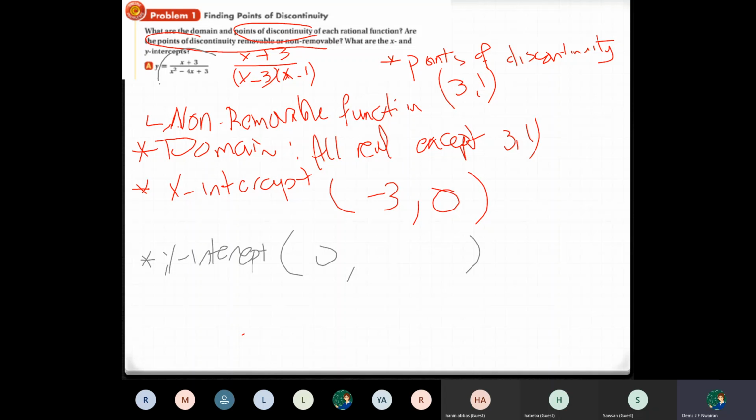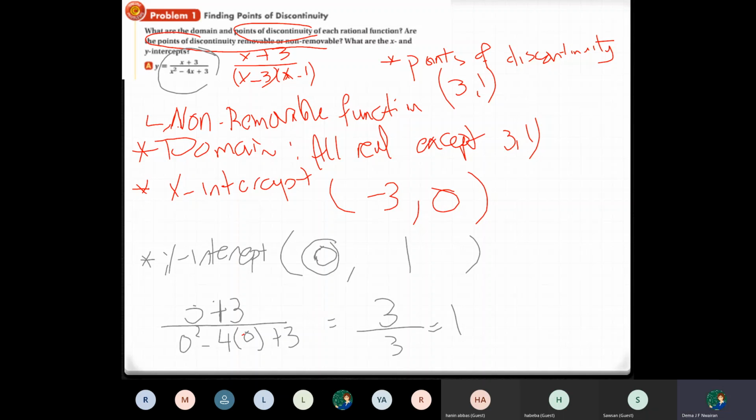So I will substitute in the function 0 plus 3 over 0 squared minus 4 times 0 plus 3. I put 0 instead of x to find the y-intercept. So it will be 3 over 0 minus 0 plus 3. So the answer is 1. So the y-intercept is at point 0, 1.